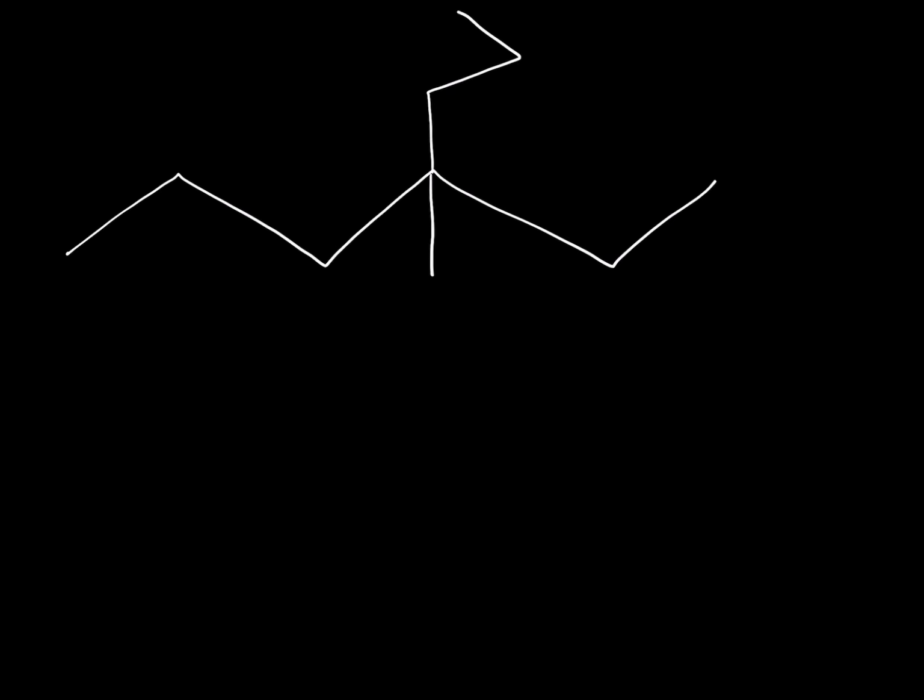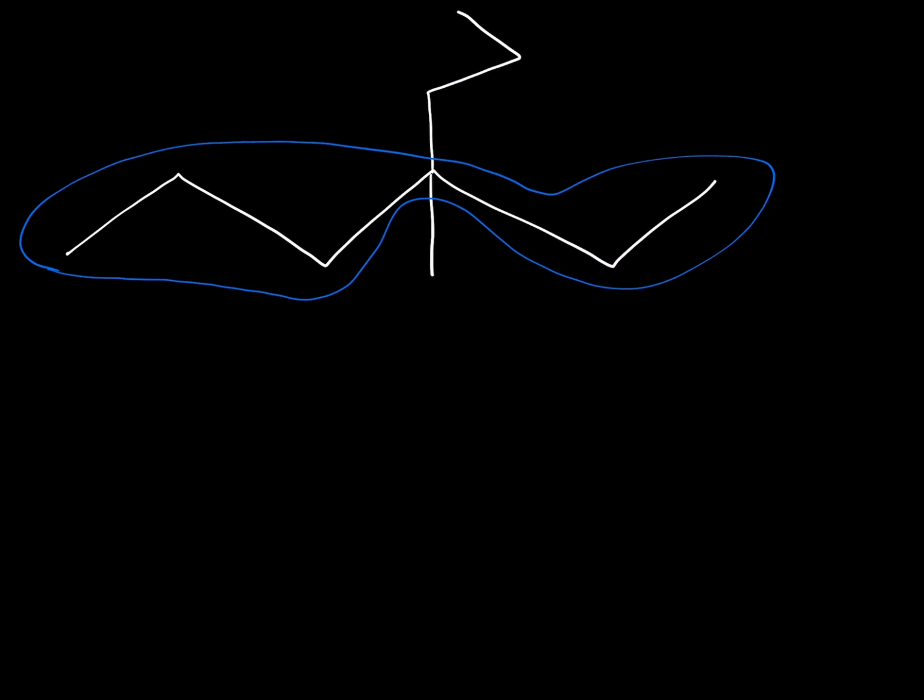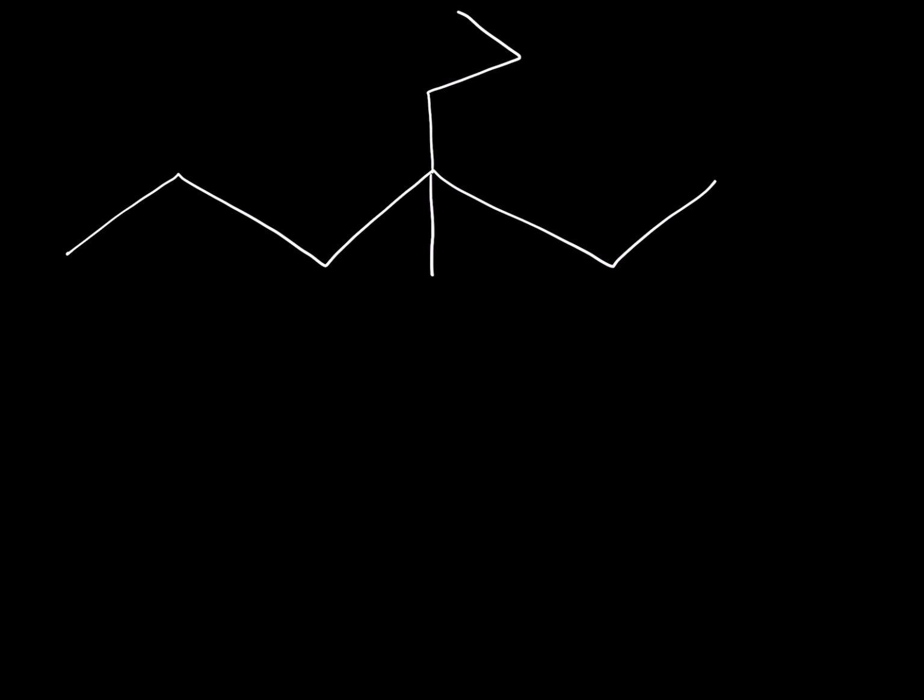Once again, as I said before, it may look like this is the main chain. It really looks like it, but the main chain is actually going to be here. So when you look at this intersection, this carbon, you obviously don't go here because that's just 1 carbon. You have 2 here, but you have 3 here, right? You have 1, 2, 3 here. You want to choose the longest one, so this is the main chain.